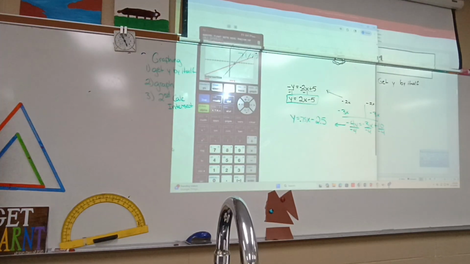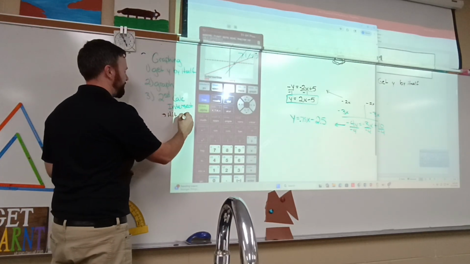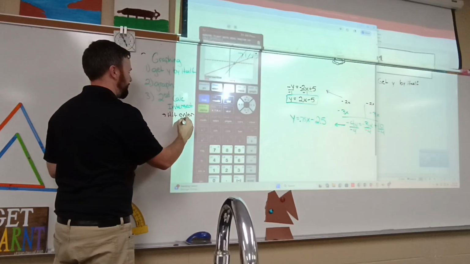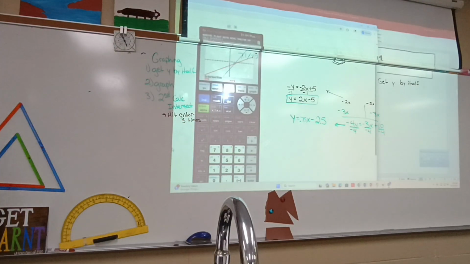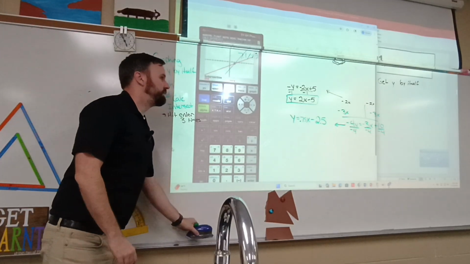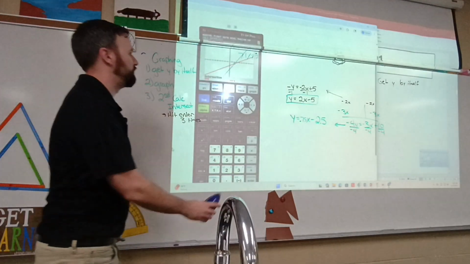And remember you're going to have to hit enter 3 times, right? But if you follow those steps, will it work every time? It should. Get y by itself, graph it, second calculate, intersect, hit enter 3 times. Okay? So when you're using that TI-84, that's going to do it for you.